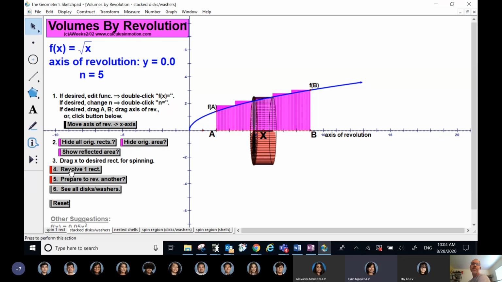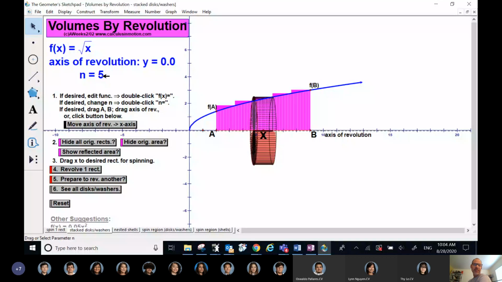Oswaldo, do you remember? Wasn't it like height times the area of the circle? Yeah, exactly. Area of the base, or area of the circle, times the height. In this case, the height is really the distance along the x-axis, isn't it?